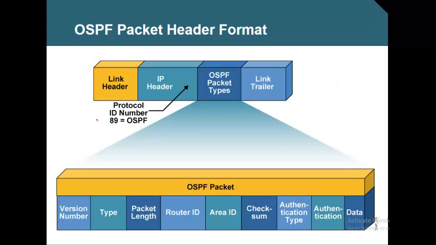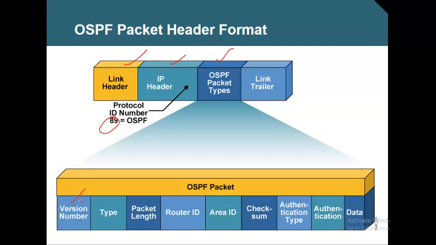Now, this is a slice of a packet. After the data link layer, this is layer 3. In layer 3 itself, you'll see a protocol number, which means OSPF is next. In the OSPF header, these are the fields you will find.